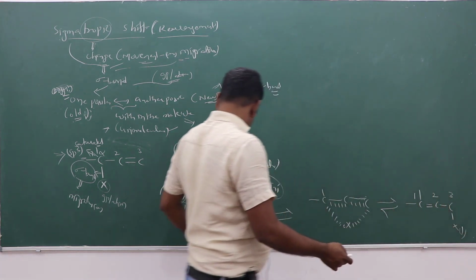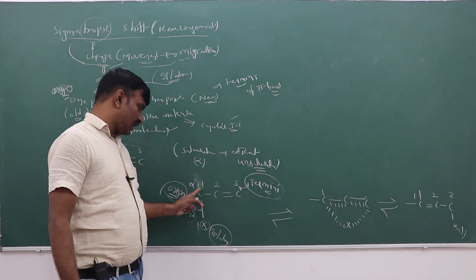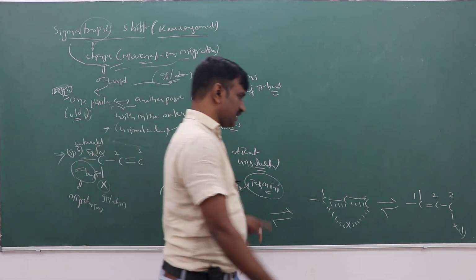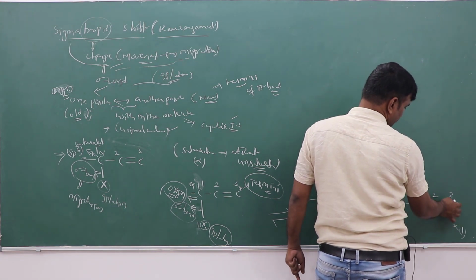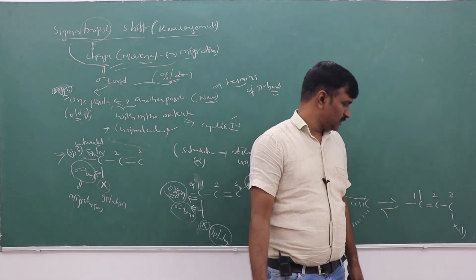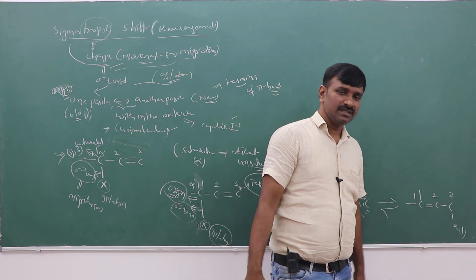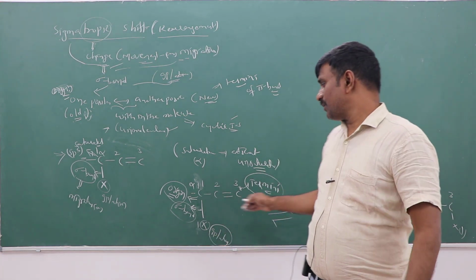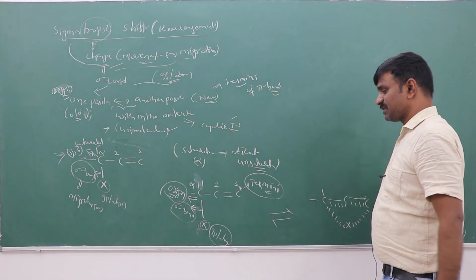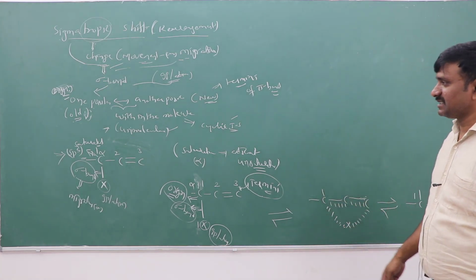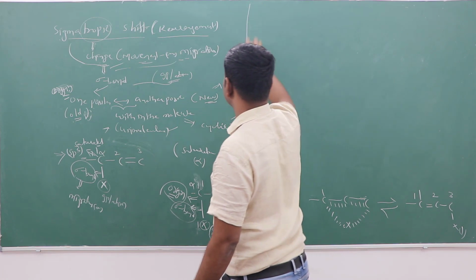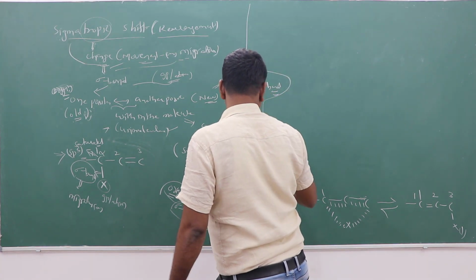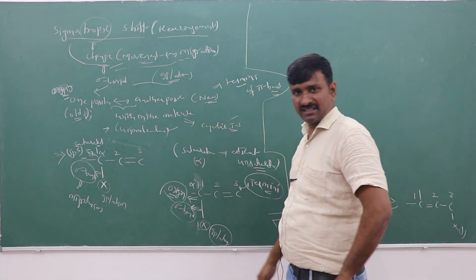So the migrating sigma bond migrates from the 1 position to the 3rd position. This shift is called a sigmatropic shift. If a sigma bond is migrating, it takes place.